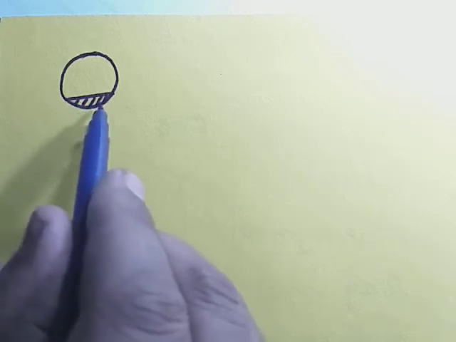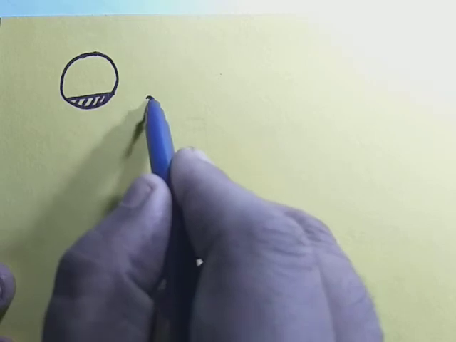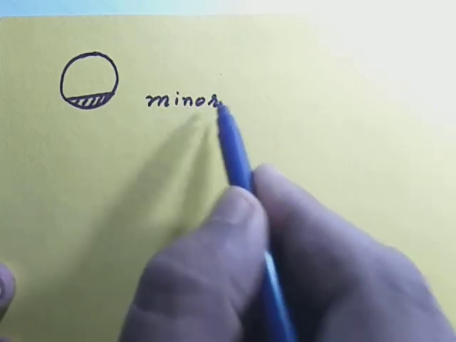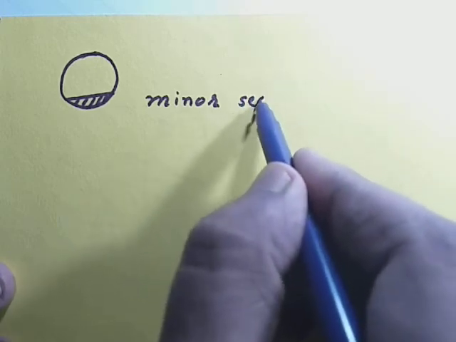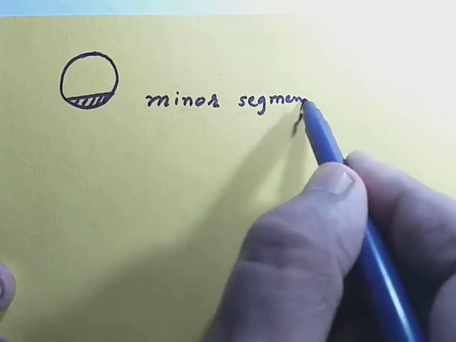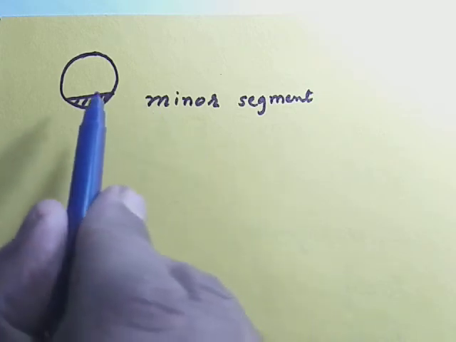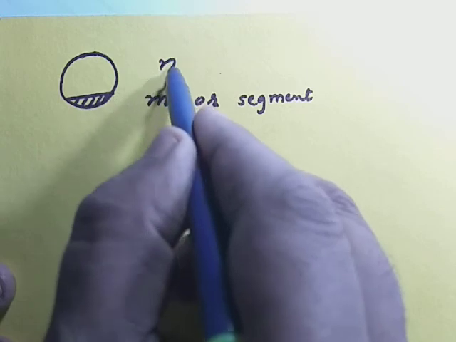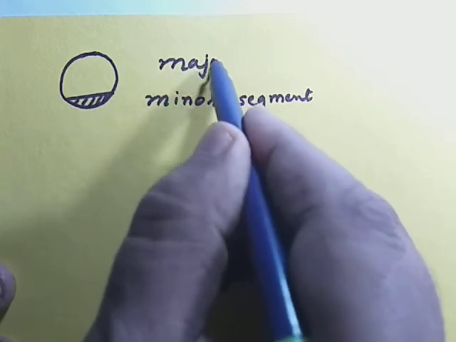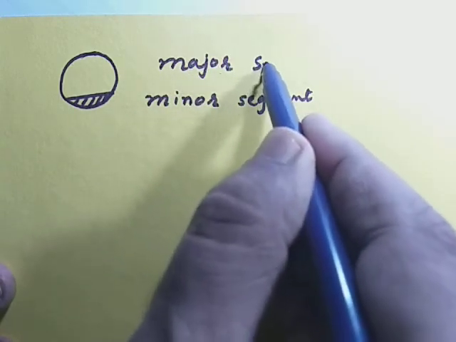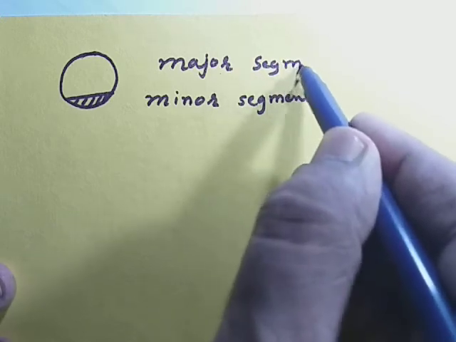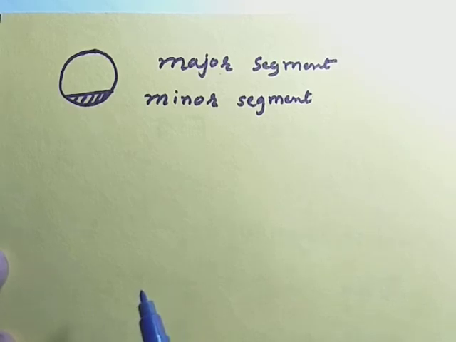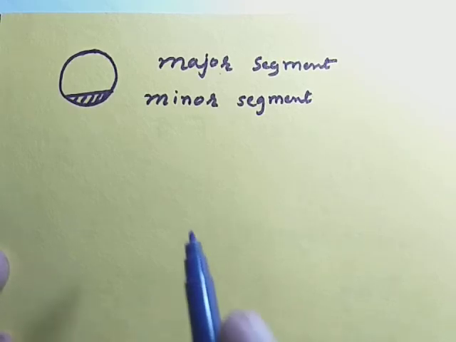Since it is a smaller area, it is called the minor segment. And the larger part is naturally called the major segment. So the major segment and minor segment.